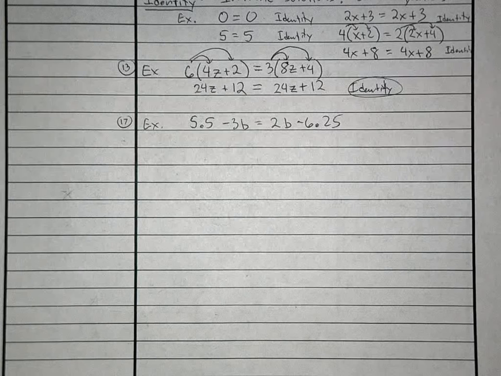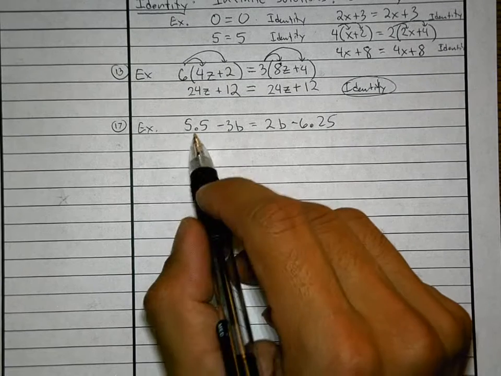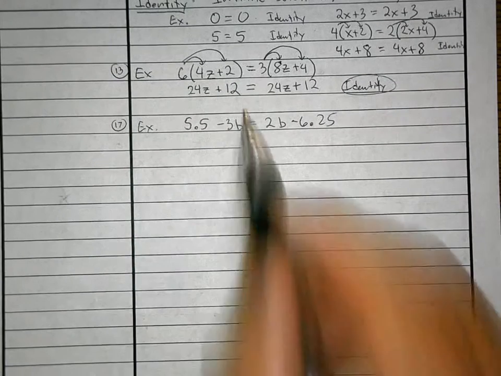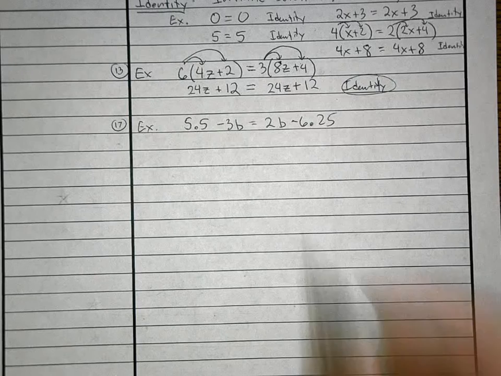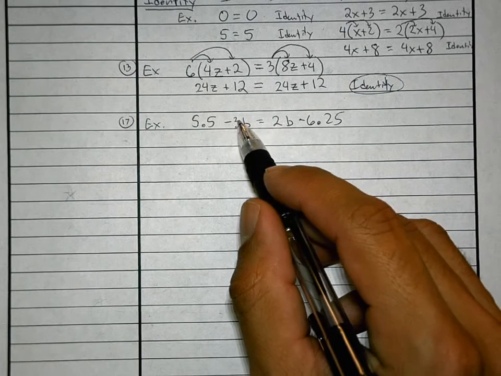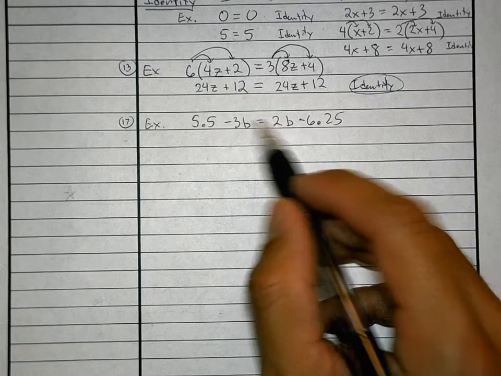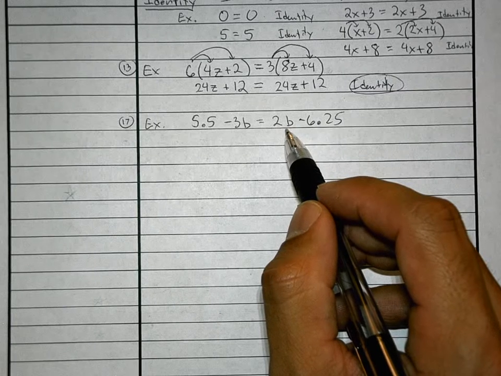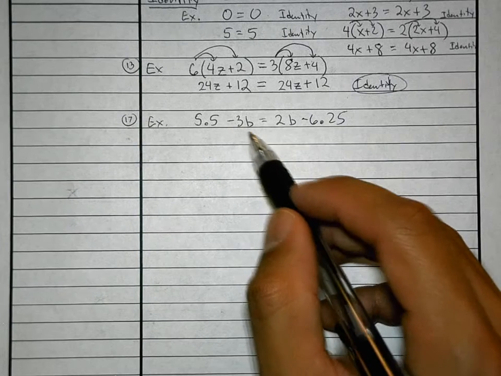Okay, can we do that? Yeah. Which one would you move? 5.5. Are these variables? No. Move the b. We can move the 2b this way. If I move the 2b this way, I'm going to make negative 2b and a negative 2b. Will my b's be positive or negative?